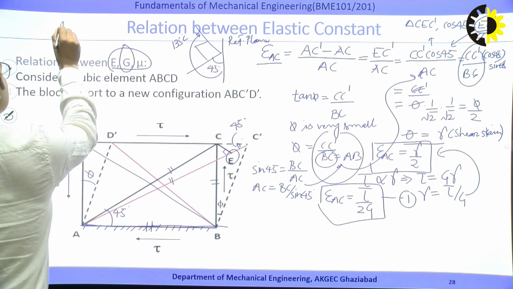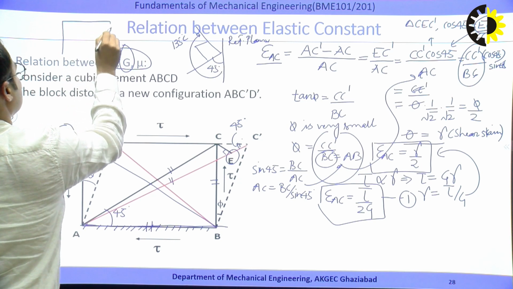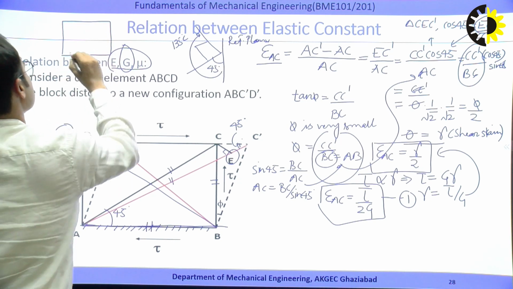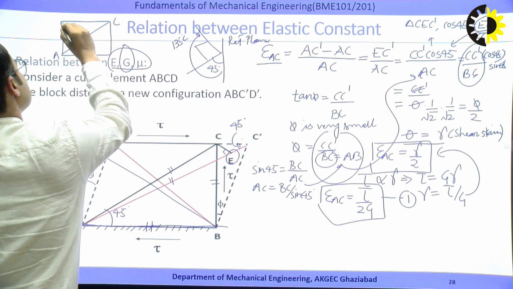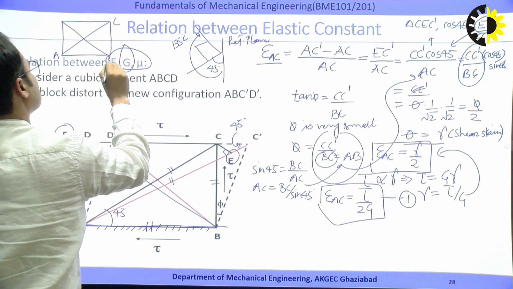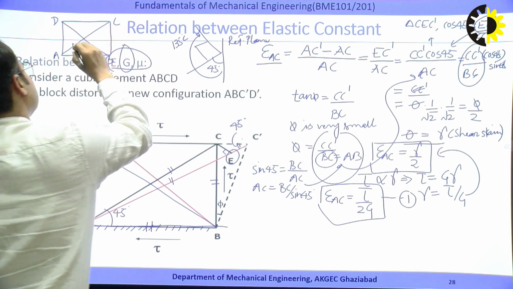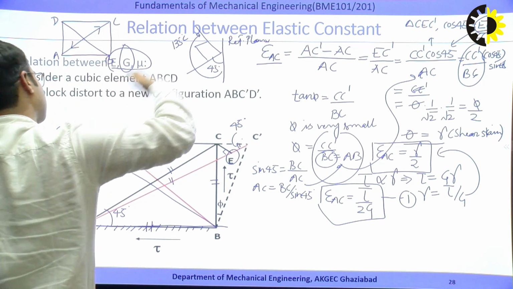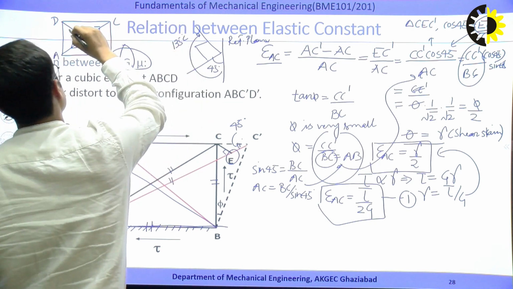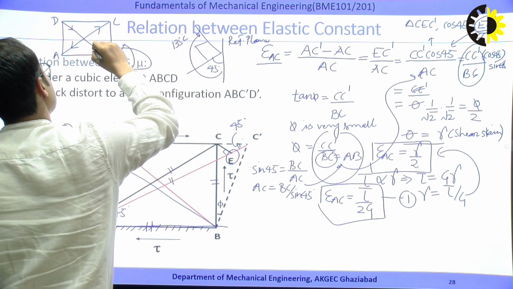So if I draw the diagram for that, this diagonal AC and this diagonal BD, these are subjected to the tensile stress. The meaning of tensile stress is length is increasing, and this is subjected to the compressive stress.